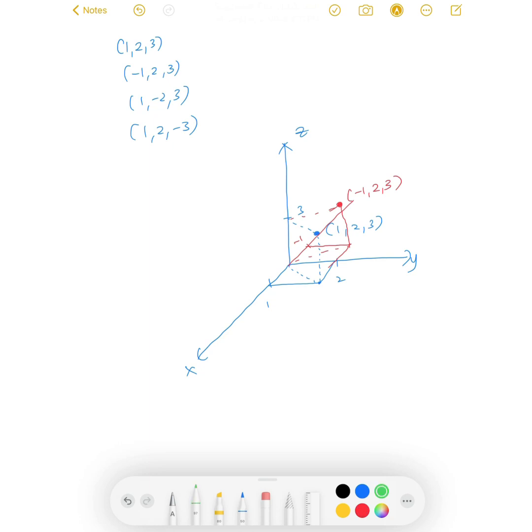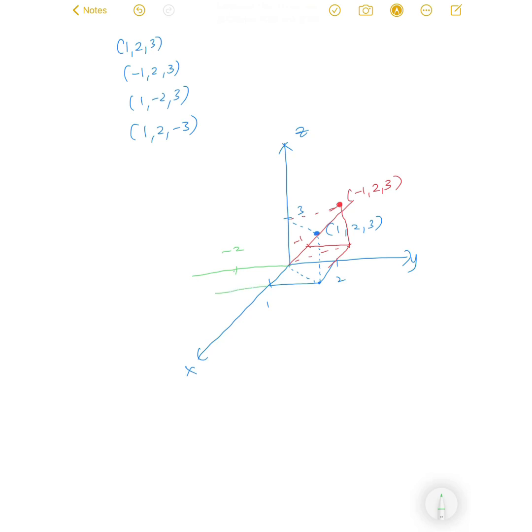Using the same technique, we will plot the third point, which is (1, -2, 3). Negative 2 means your y is here, negative 2. So draw a line parallel to y, draw another line parallel to x, and this will be your base. And then bring it upward.